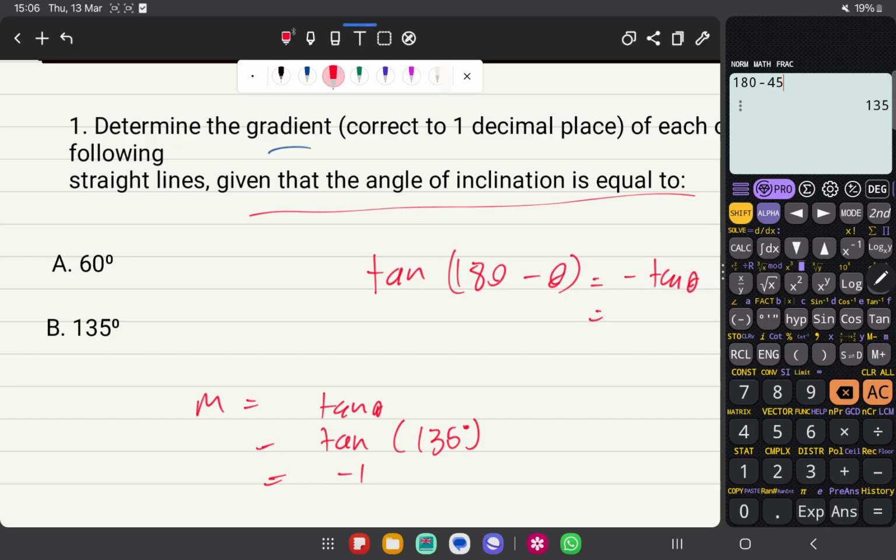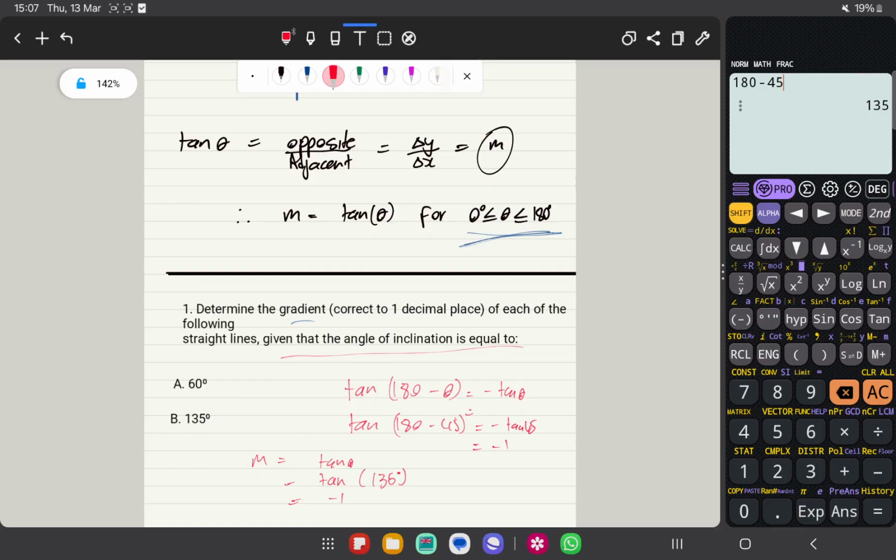In this case, tan of 180 minus 45 is negative tan 45, and tan 45 is one of the special angles as well. The answer is just 1 over 1, which is 1. So this is some light work.